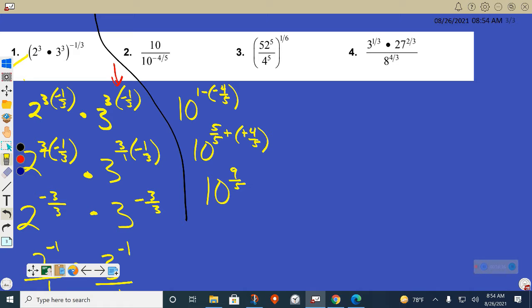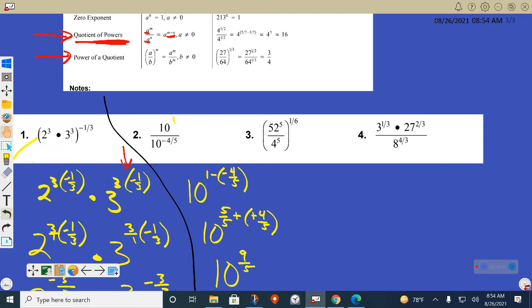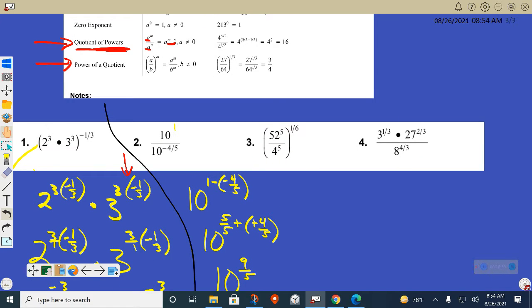So far so good? We're just adding the fractions on. The reason we're adding is because this was 10 to the first power minus a negative 4/5 power. We have the same base, so we're using the sixth rule: if you have the same base and you're dividing, you subtract the exponents.